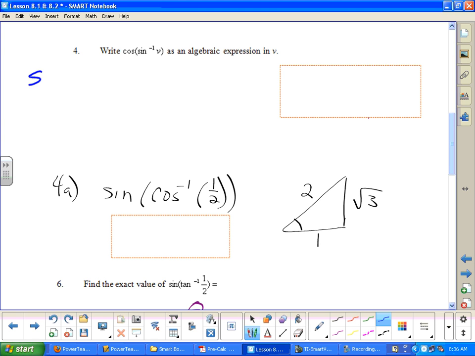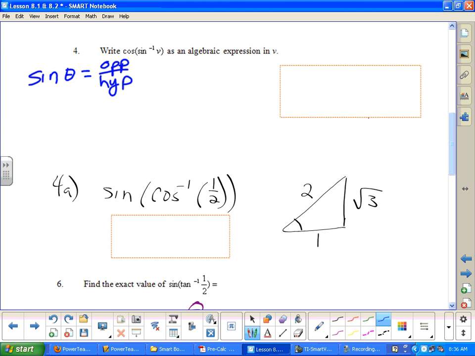Okay? Sine of theta is equal to what? Opposite over hypotenuse. Okay? So we have a ratio here, inverse sine of v. So that means v is the opposite, and what's in the denominator there? 1 would be the hypotenuse.